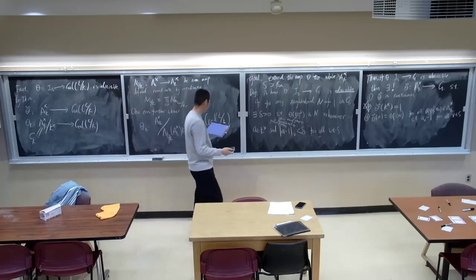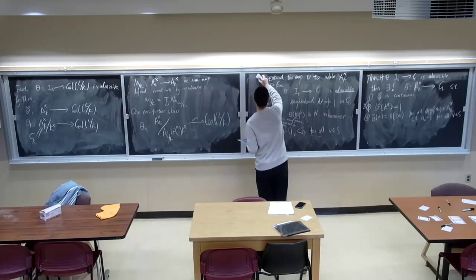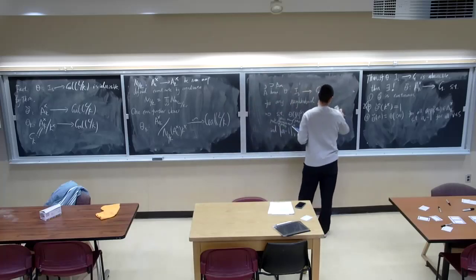Okay, so now lastly, we can put everything together and get the global reciprocity map.